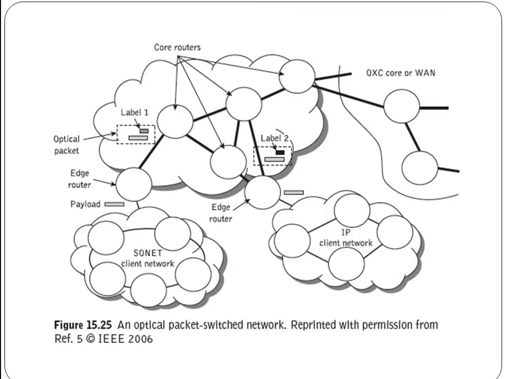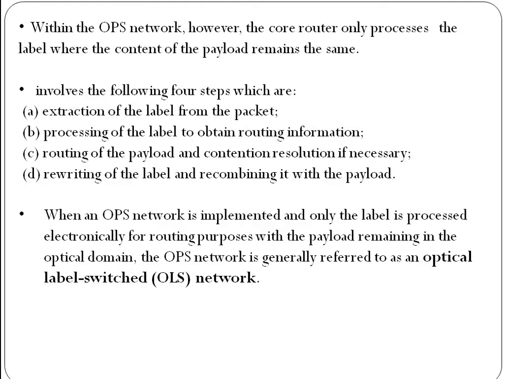This routing function physically involves the following four steps: extraction of the label from the packet, then processing of the label to obtain the routing information, then routing of the payload and content resolution if necessary, and finally rewriting of the label and recombining it with the payload.